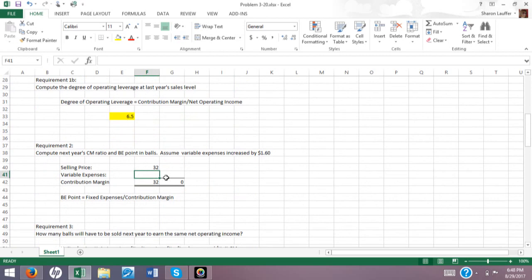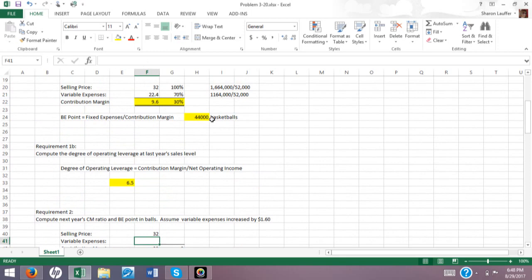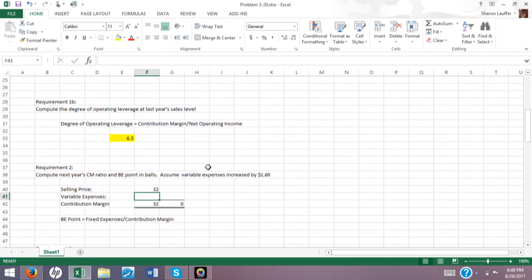I added the $1.60 to the $22.40. So $24 here gives us a contribution margin of $8. Percentage-wise, it's 100% at the top, and $24 is 75% of $32, which leaves a contribution margin of 25%.